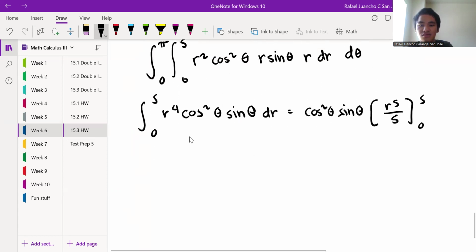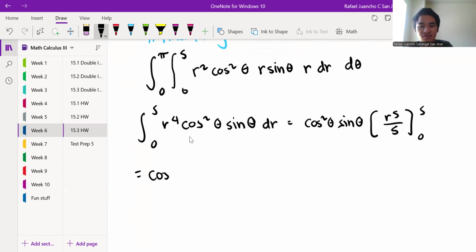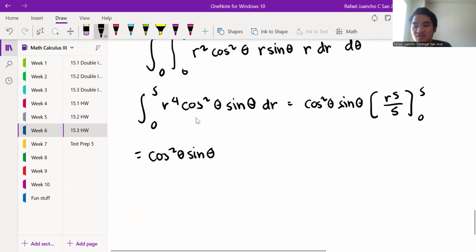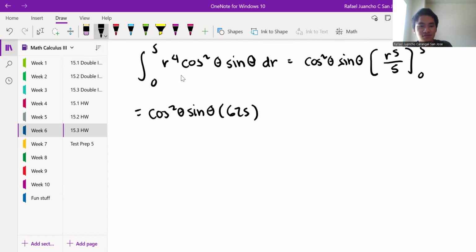And then what do I get? Is there a nice trig thing here? Cosine squared. I was thinking of something nice for trig, but I don't have a solid foundation for trig. I'm not gonna bother. So this is 3125 divided by 5. 625. There we go.